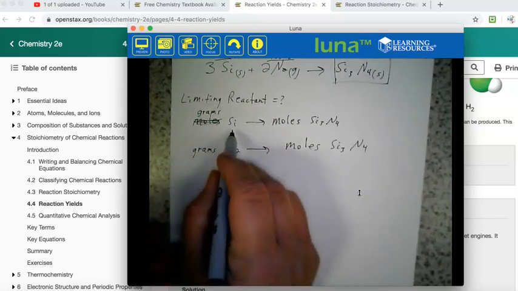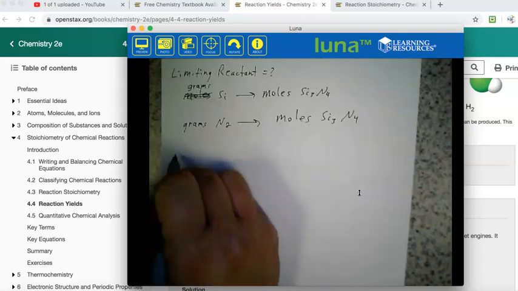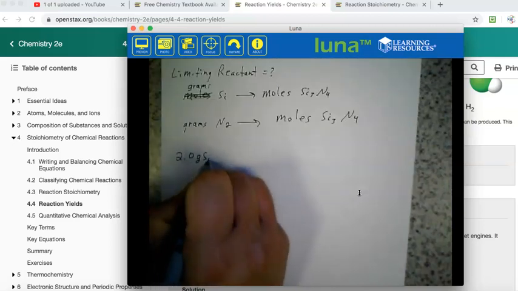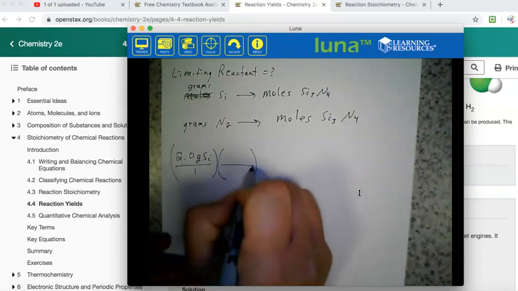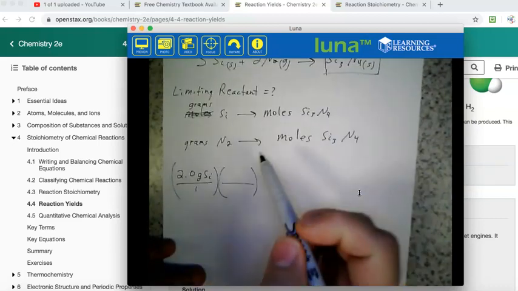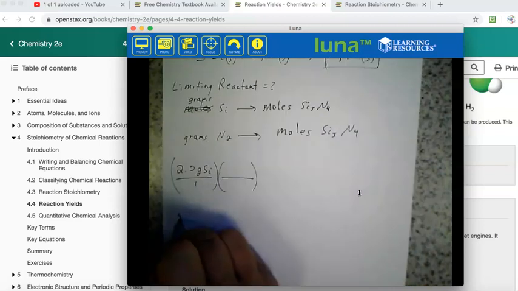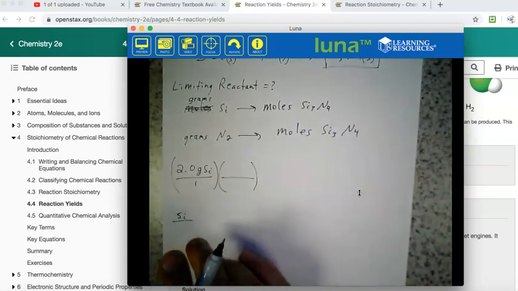Alright, so for silicon, I'm starting out with 2 grams of silicon. So I write my given information over 1. I need to go from grams of silicon to moles of silicon using molar mass. That's not too bad because it's just one element.